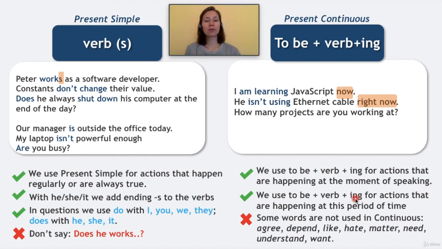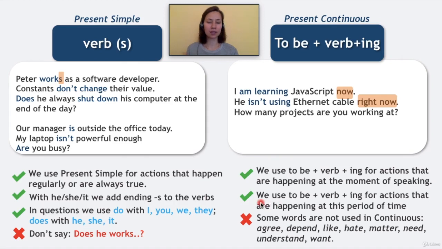But there is something more to it, to present continuous. And that is that you don't only use present continuous to speak about something which is happening right now, but also something which is happening around the moment of speaking, right? For a longer period of time, not in the past, not in the future, but the present period of time, yeah?